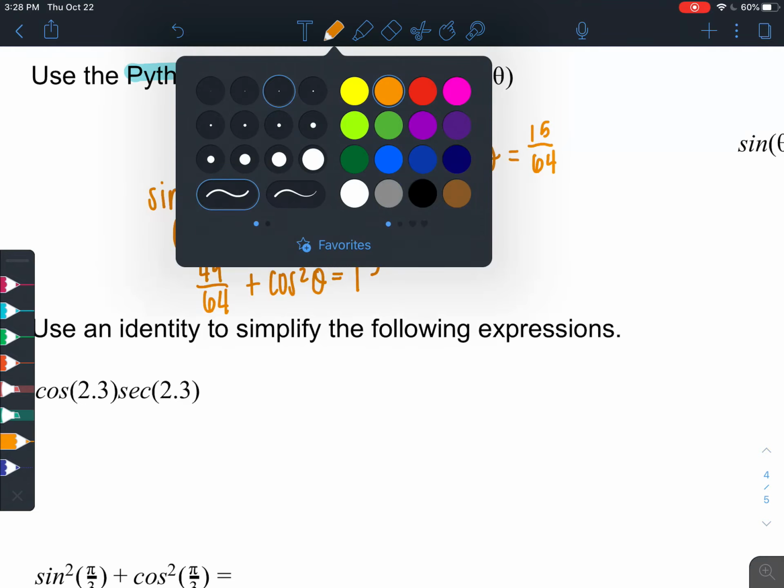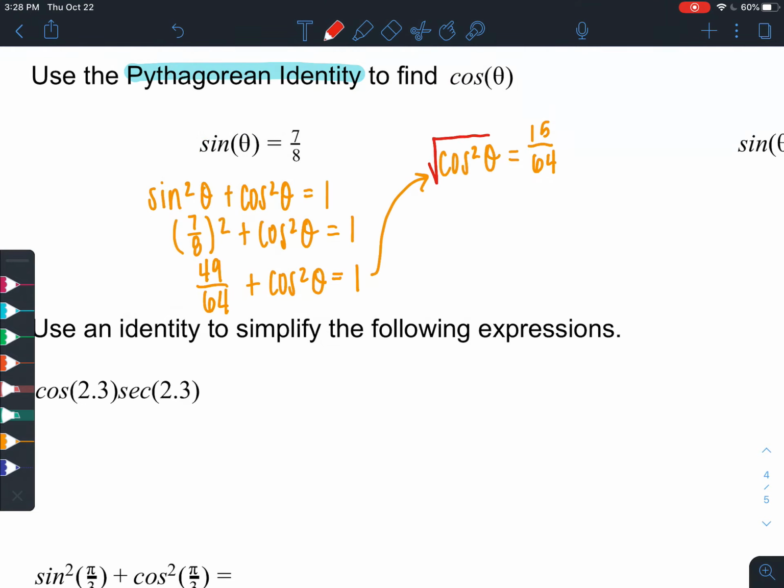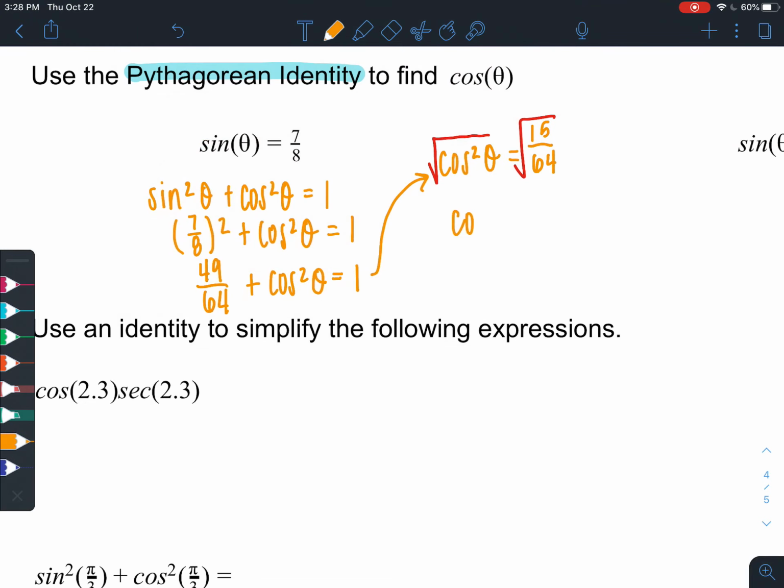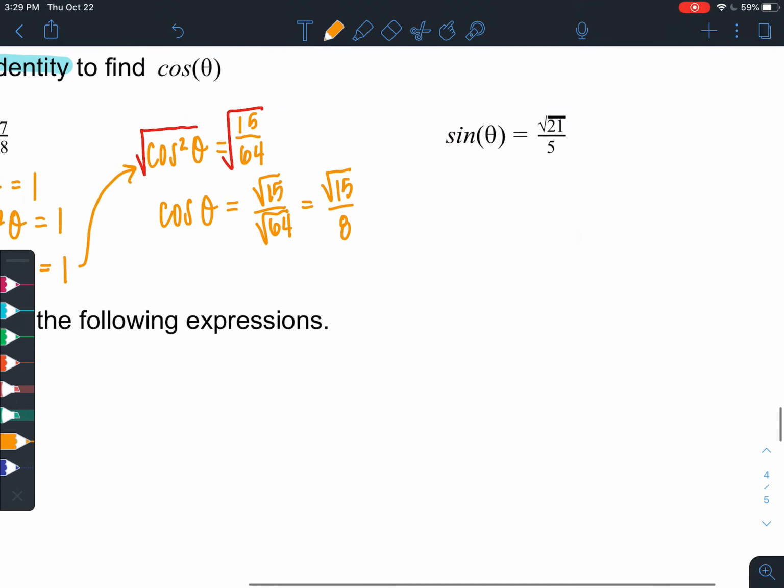Okay, so then to finally solve, to get rid of that square, I'm going to take the square root of both sides. When we do that, we get cosine of theta is equal to radical 15 over 8. So I had to take the square root. Let me write that out. So this is the same thing as square root of 15 over square root of 64, which is the square root of 15 over 8. So that is what our cosine of theta is equal to.